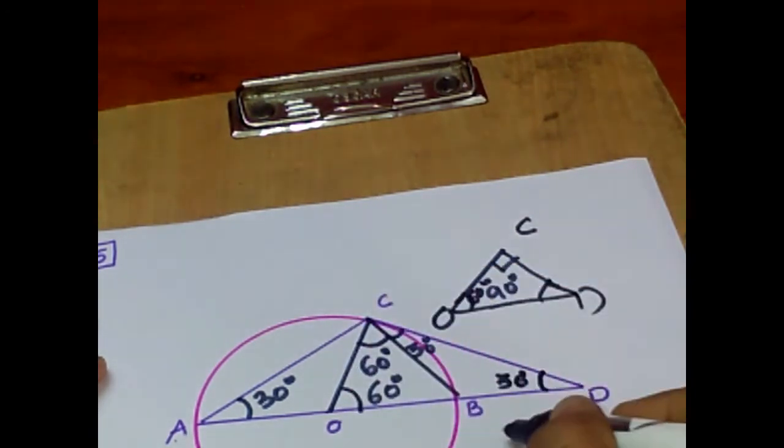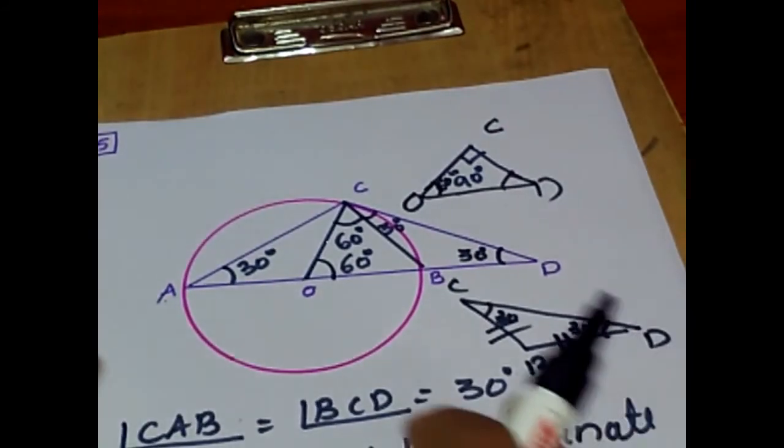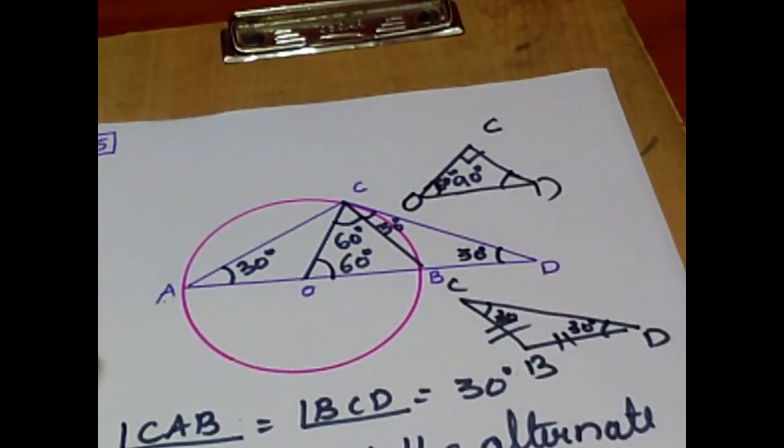Now, in a small triangle, that is BCD, at the point C 30, at the point D, that is 30, hence BC is equal to BD, that is angle side opposite to equal angles.